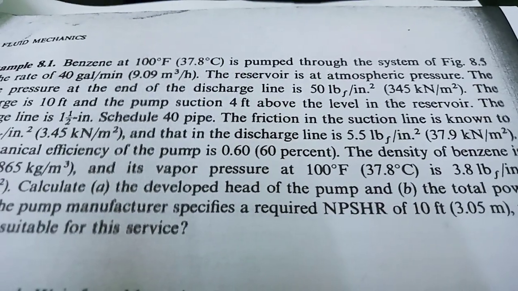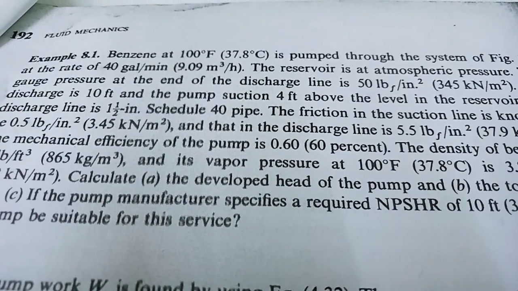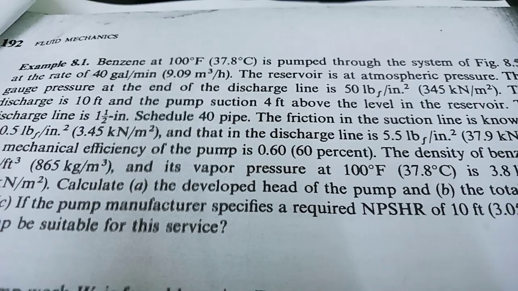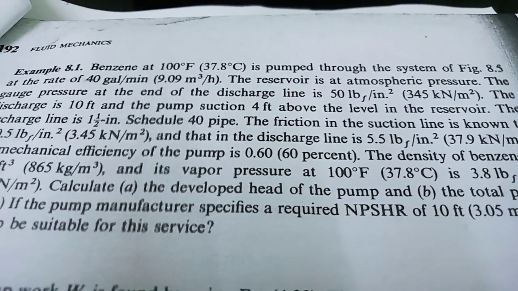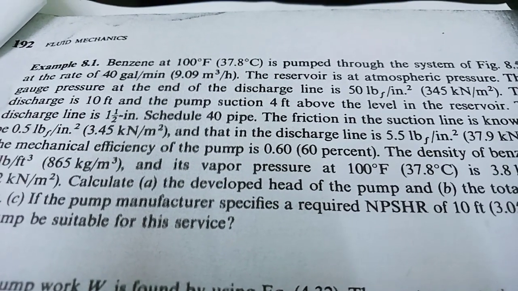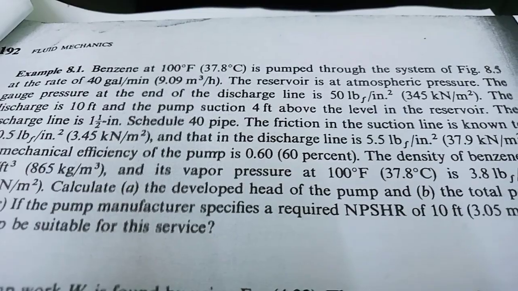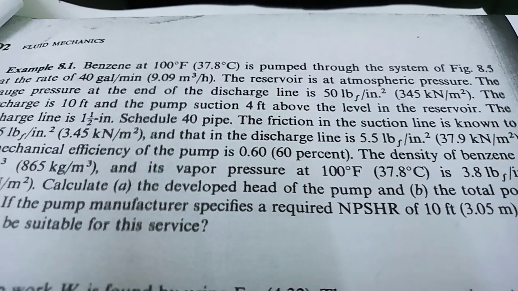The reservoir is at atmospheric pressure. The gauge pressure at the end of discharge line is 345 kilonewton per meter square. The discharge is at 10 feet and pump suction is 4 feet above the level of the reservoir.